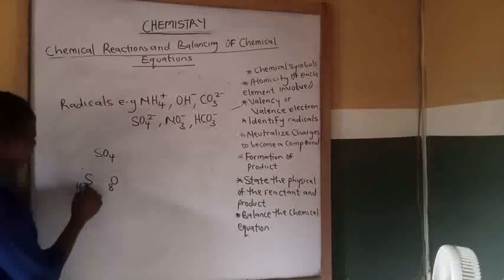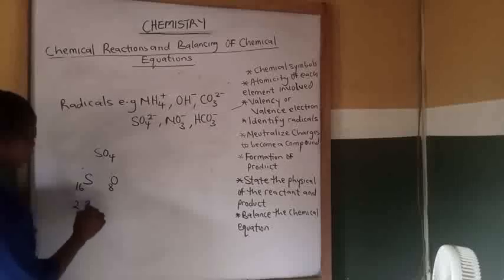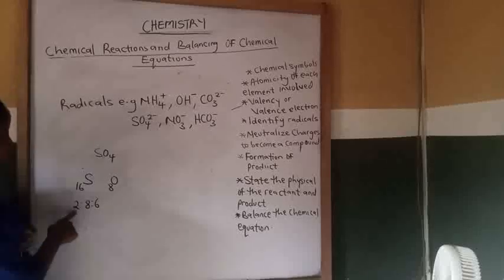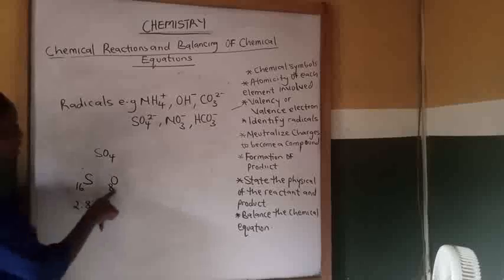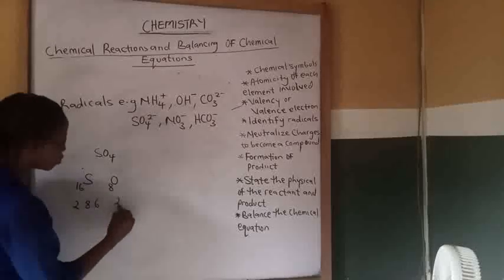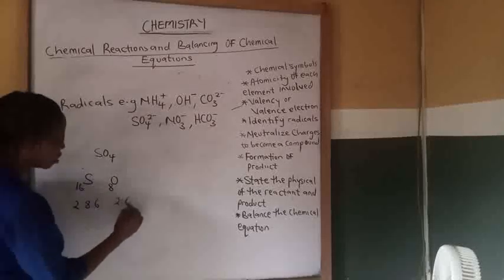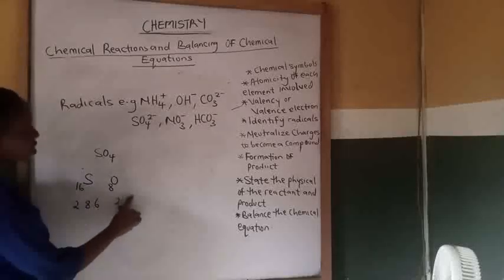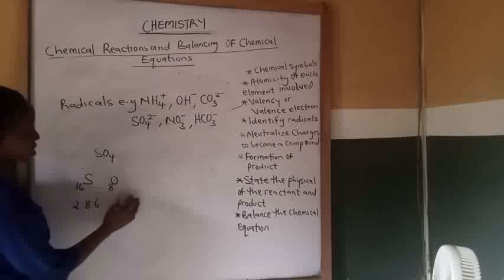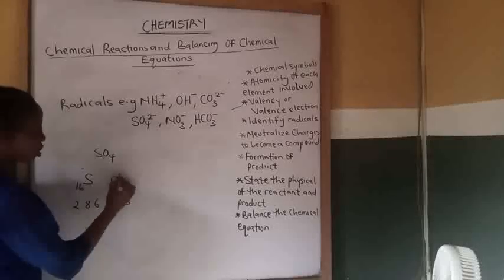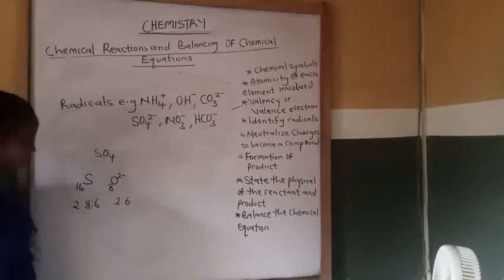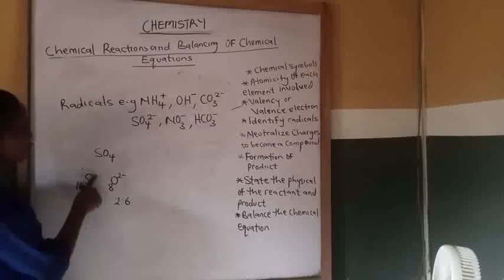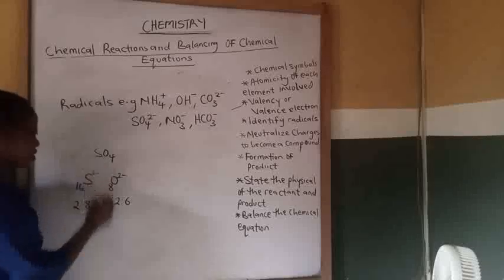The electronic configuration of sulfur would be 2:8:6, which gives us 16. The electronic configuration of oxygen will be 2:6, 2 plus 6 gives us 8. It needs 2 more to balance, so the charge on oxygen will be 2 minus.